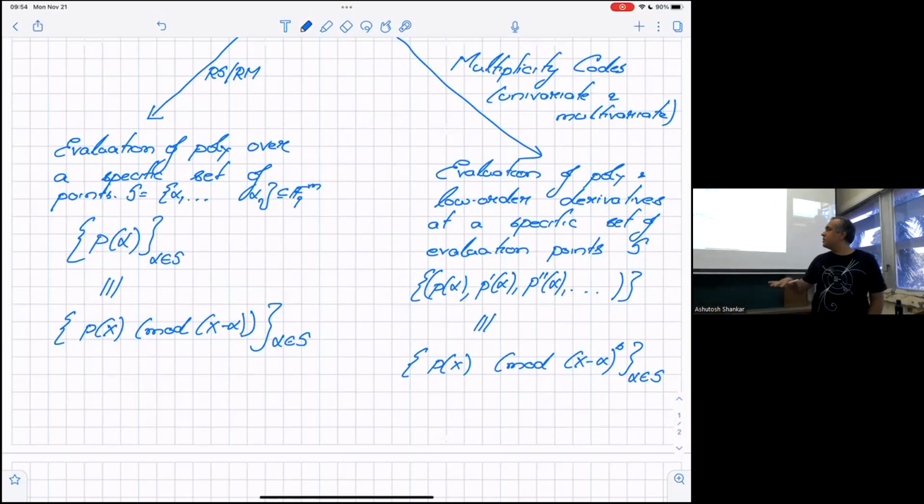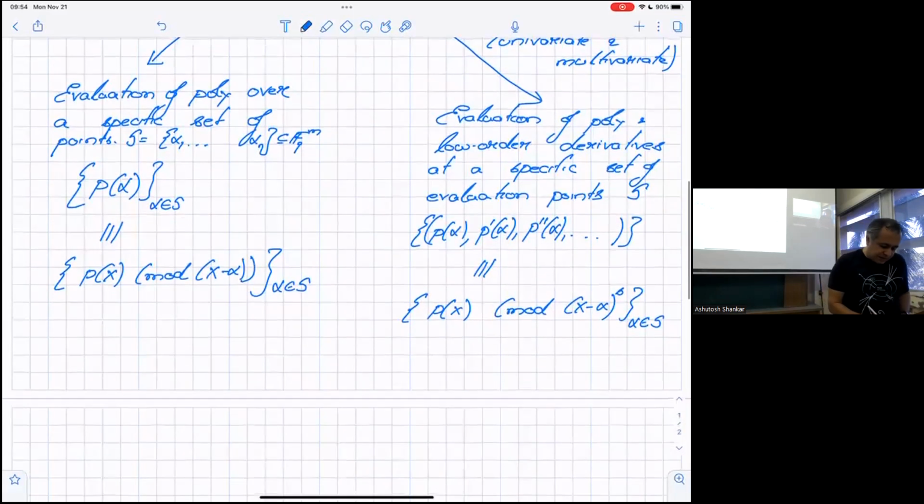This will be the modular equivalent of the polynomial. You give low order derivatives, basically all derivatives of order less than s.